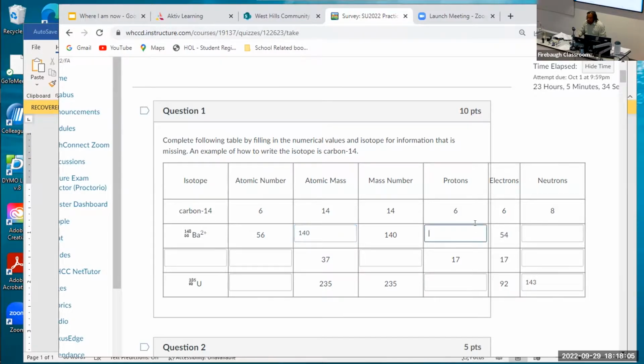What would be the number of protons? 56. What would be the number of neutrons? 84.